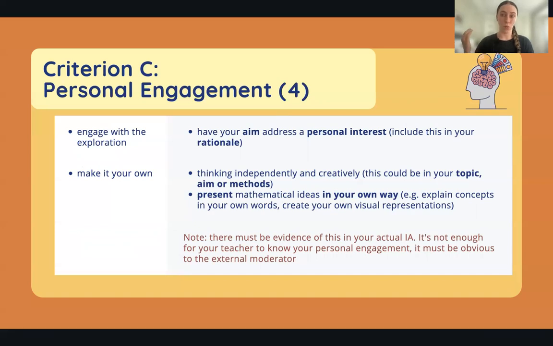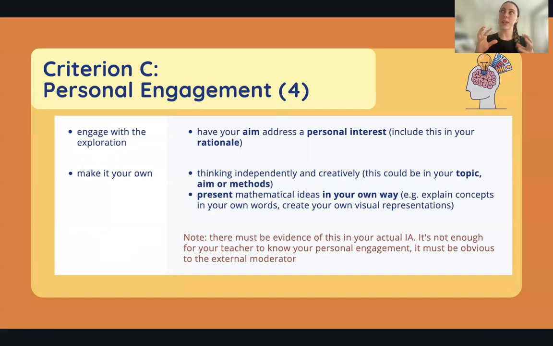So to this external moderator who's never met you, who doesn't know you, who doesn't know your interests, and doesn't realize the cool, quirky ways that you figured out to solve the issues in your maths IA, you have to really make it obvious throughout that, oh, I thought about this, I considered these ideas. However, I realized that no, instead I needed to do this. And then I approached it in this way.